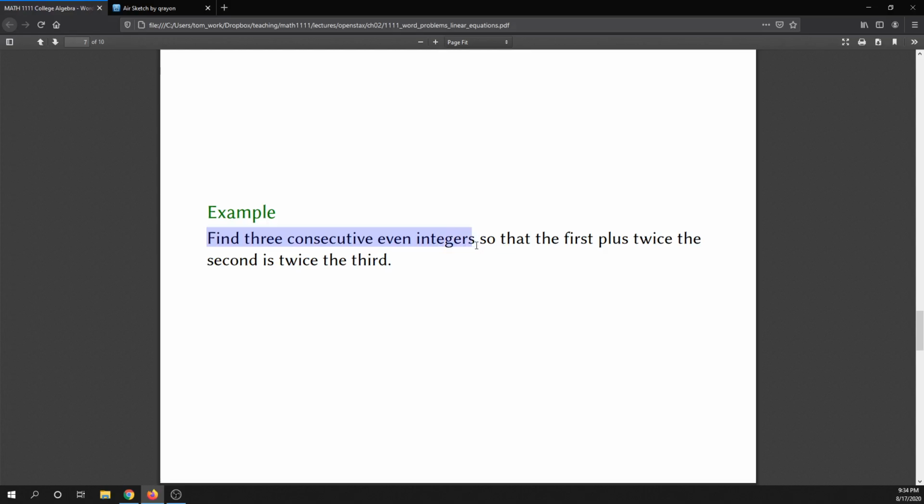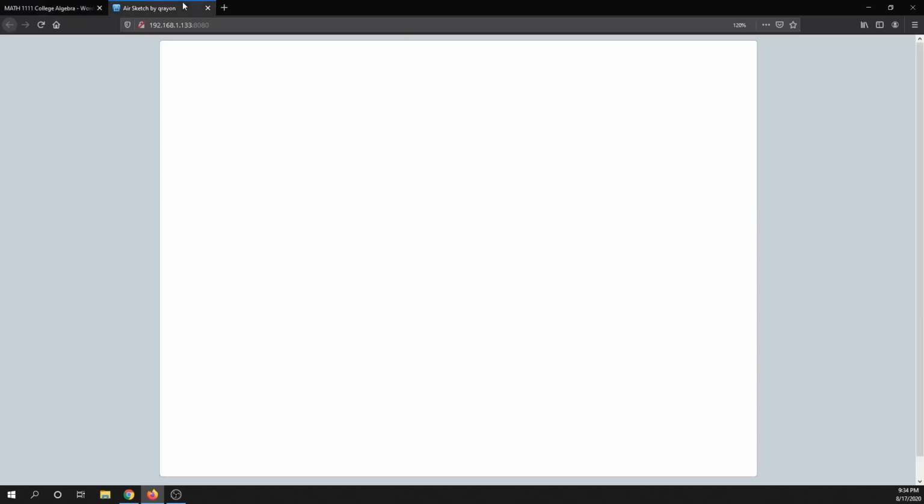Okay, so we've identified what they want. And remember, integer means whole number, basically.